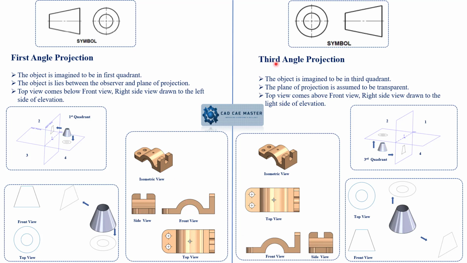Same thing when it comes to third angle projection, top view should come first, just below that we should have the front view. Okay, similarly side view just beside the front view. It's clear, right? So this is how we represent the first angle and third angle representation. Mostly in European countries we use the first angle, but in India and other Asian countries we use the third angle projection in charts.